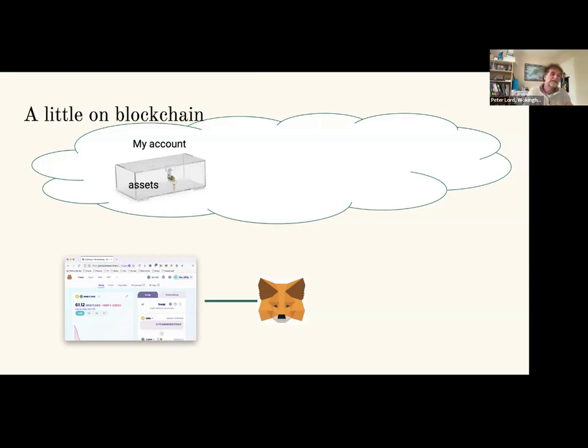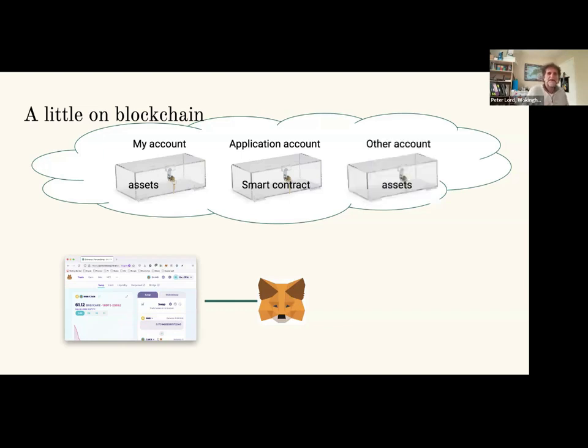Of course, there are lots of other accounts on the blockchain. If you're running a Web3 application on your browser, there's probably an account assigned to that application, an application account, let's say. And there may be other accounts that belong to other people in the blockchain. Now, one thing that most blockchains support is smart contracts. This is code on the blockchain.